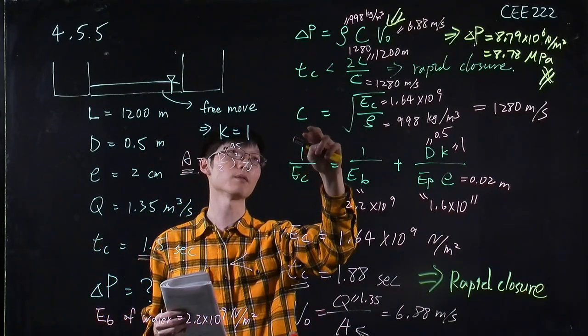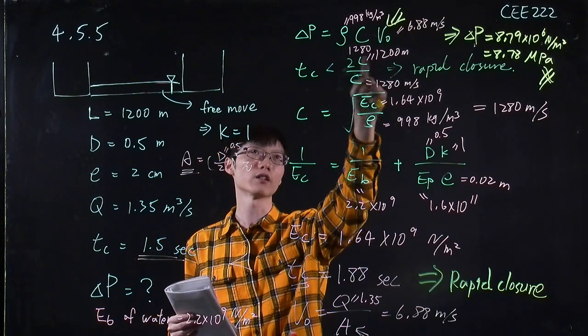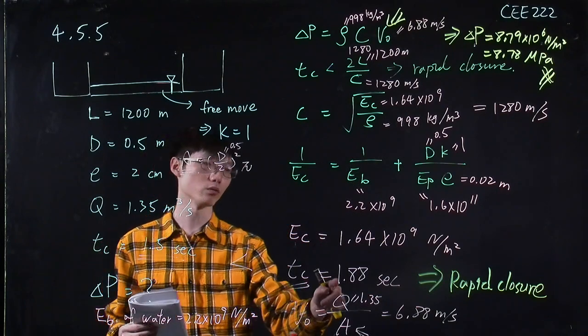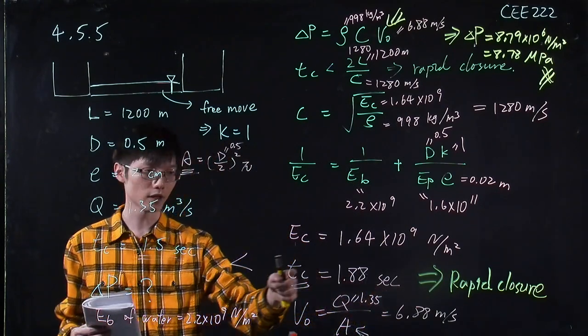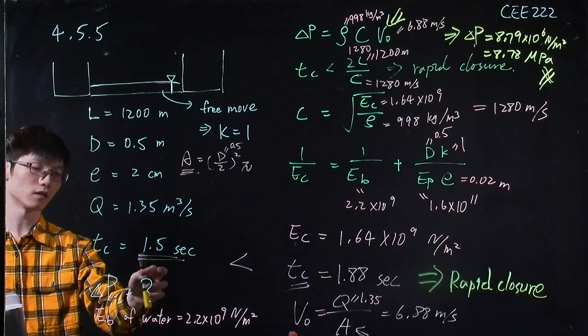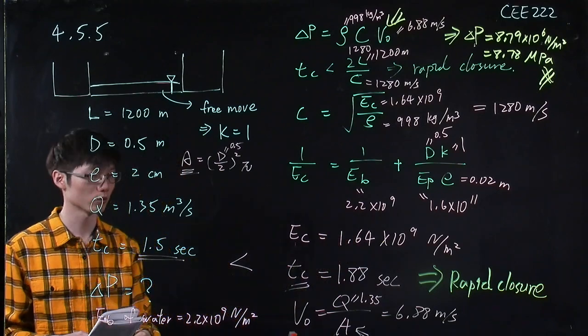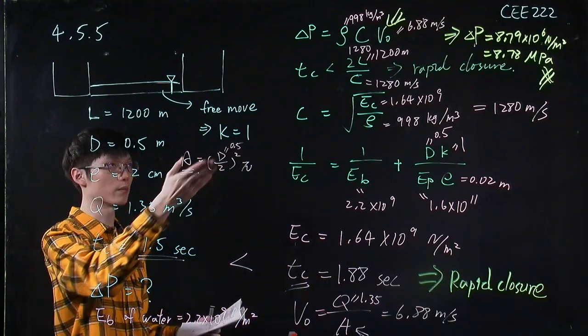Then you put that C back into this equation, and you find that the criteria for the closure time is equal to 1.88 seconds. And you found that 1.5 seconds is less than 1.88 seconds, so we consider this system setup as the rapid closure.